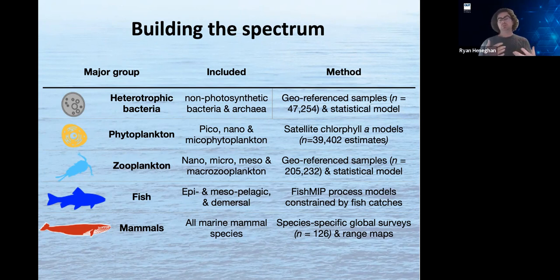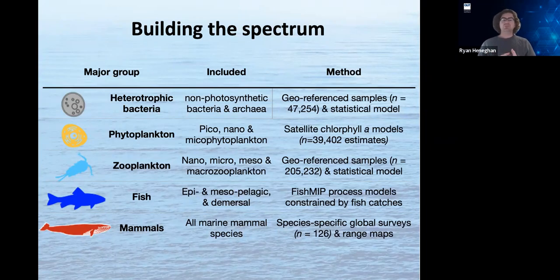For zooplankton, we used primarily the copepod database, which had over 200,000 georeferenced samples, so latitude, longitude, depth, and time samples. For bacteria and zooplankton, we built statistical models fit to those samples, using chlorophyll, sea surface temperature, and depth. So pretty basic statistical models.